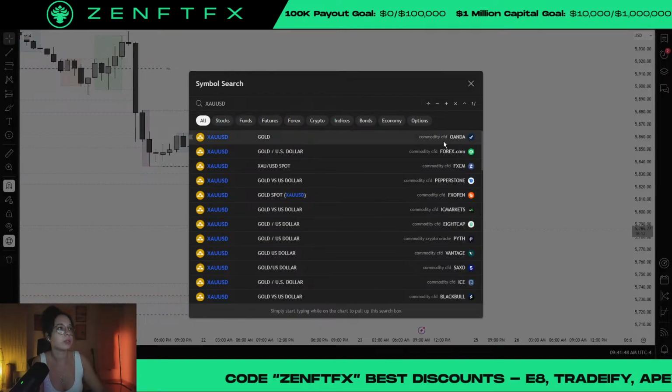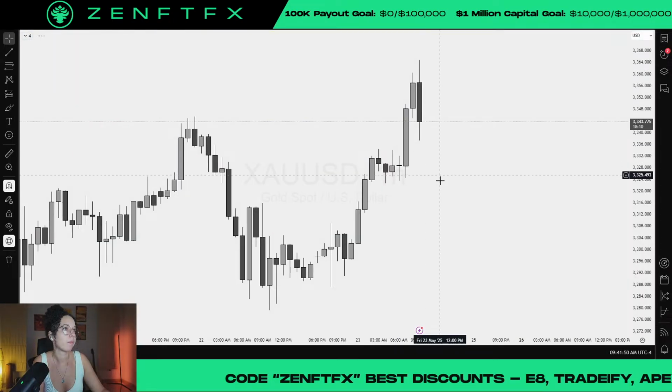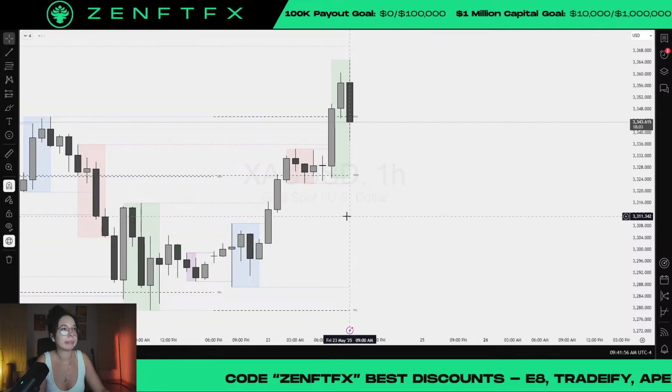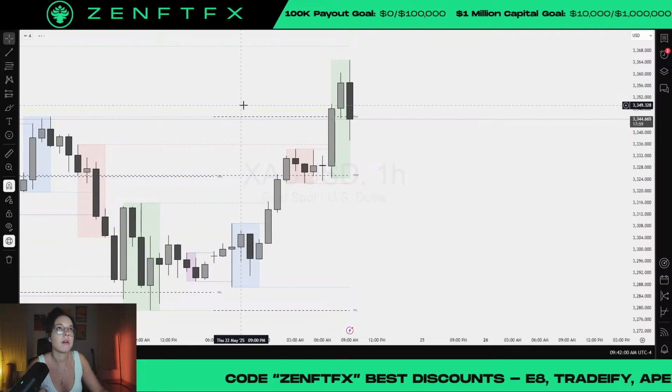I wonder how gold's been doing. Yeah, gold had a nice pump up, and now she's coming back. She's taking previous day high.